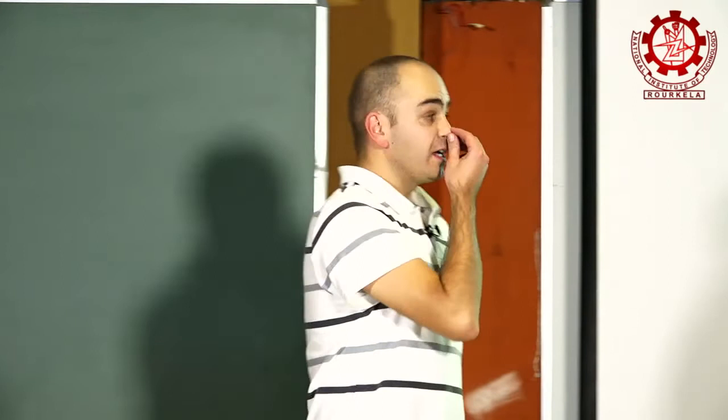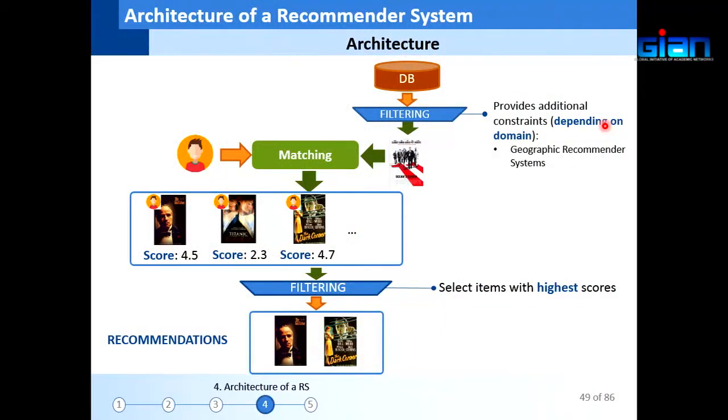Another example is what I have talked about, recommending restaurants. If I'm in a city, you cannot recommend a restaurant which is in other cities, in other towns. So here, this process only filters the items that are close to the user. So this is the filter.